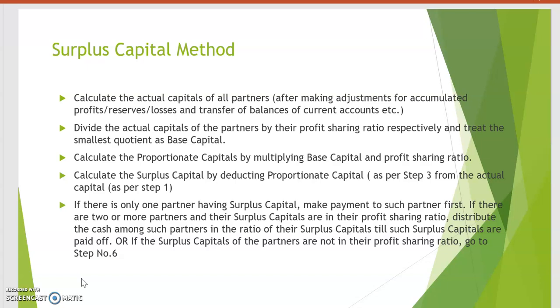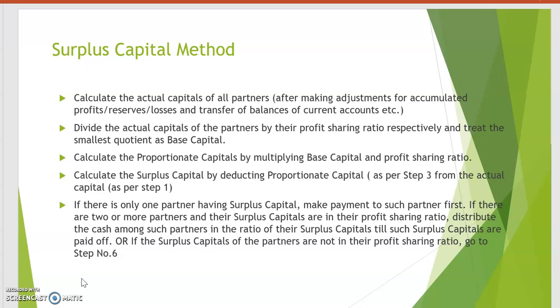And as per step 1, if there are more than 2 partners, one partner will be reduced and the process will continue for the remaining partners. If only one partner has surplus capital, make payment to such partner first. If there are 2 or more partners and their surplus capitals are in their profit sharing ratio, distribute the cash among such partners in the ratio of their surplus capital till such surplus capital is paid off.